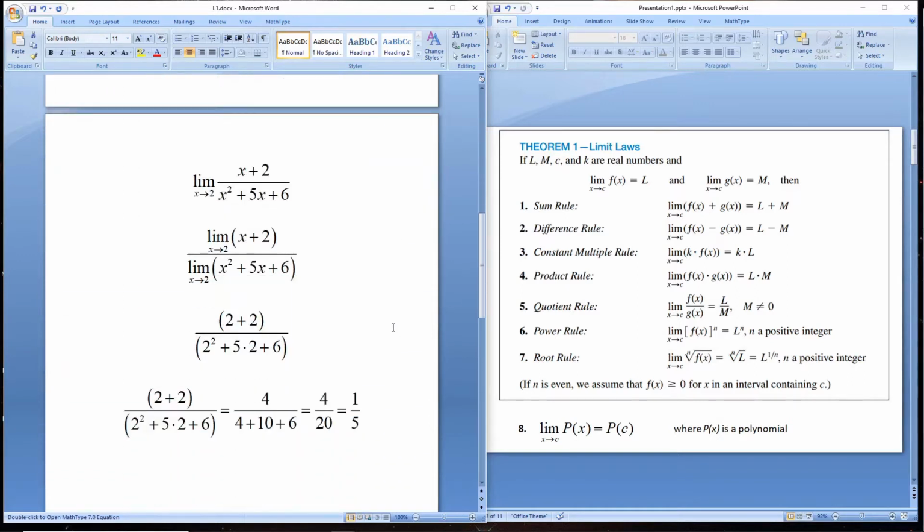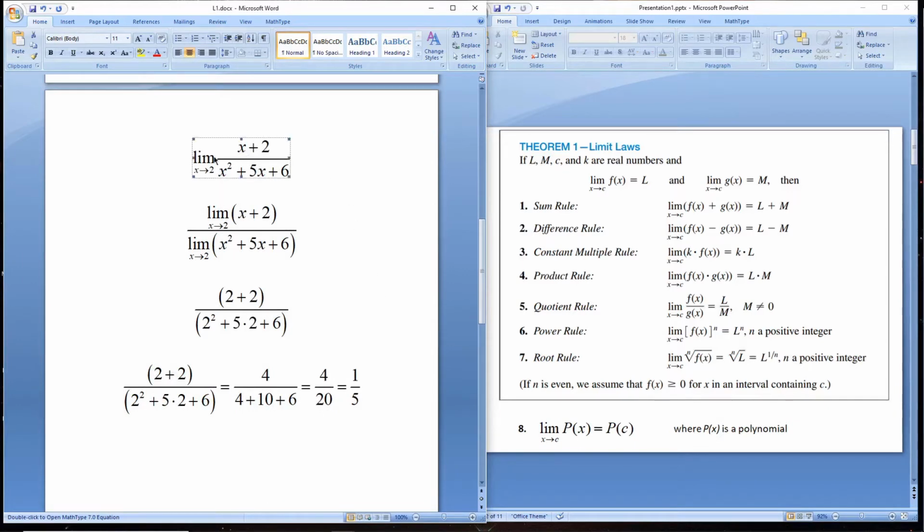Let's check that out for this next one. Here's where we started. We went through the limit properties, and we came to this expression right here. And notice this expression is just plugging in 2. We just take 2 and plug it into the x's. We get our final expression here that gave us the answer.